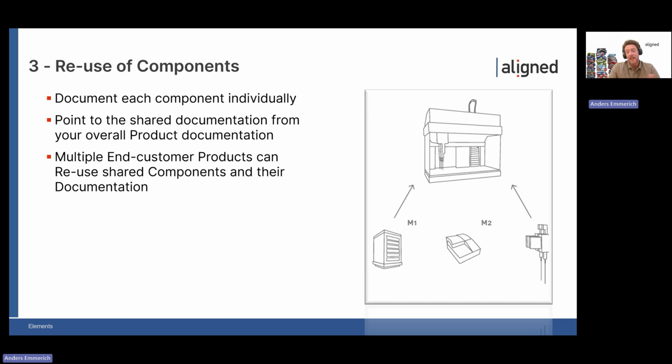That means we only have to do the documentation once for a particular component, and we can easily assemble the complete product documentation from all of these components. This needs to go hand in hand with how you actually build your products, of course. If you don't build your products as components, this is probably going to get out of hand. But if this is the way you look at the world and your system, this is a good way of working efficiently.